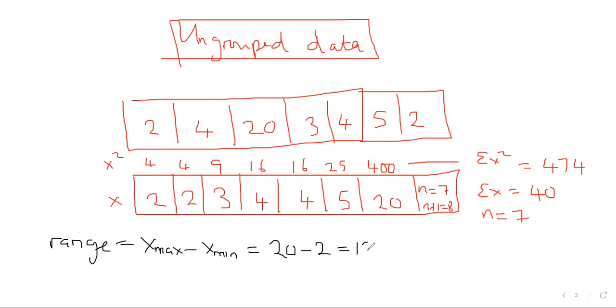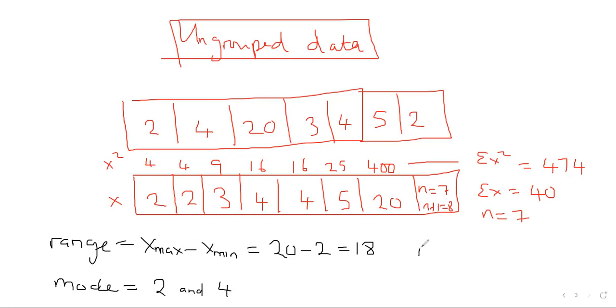So that is what we call the range. The mode is the number that appears the most. What number appears the most there? So we have 2 and 4. Excellent. So this is a bimodal frequency. We have 2 modes.